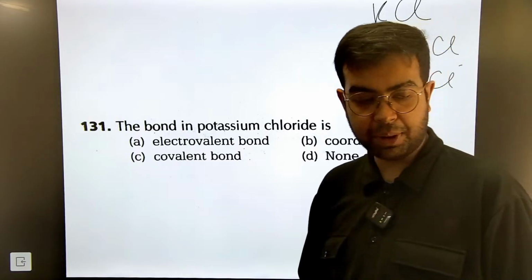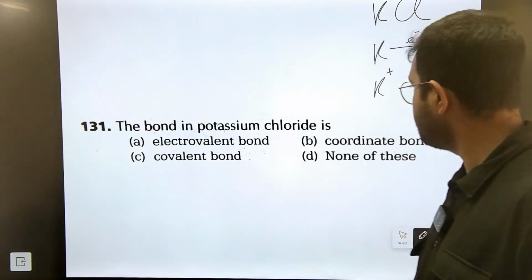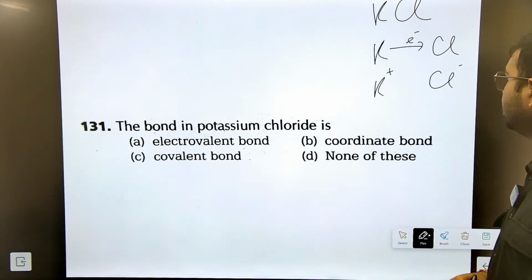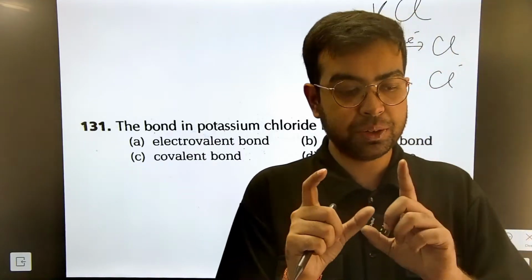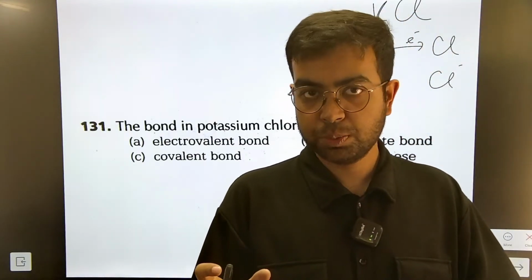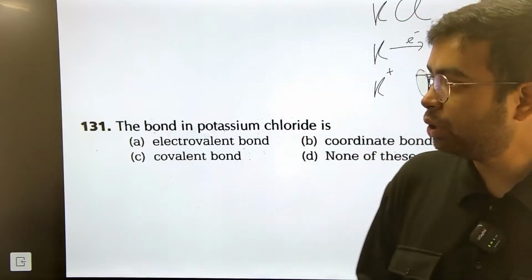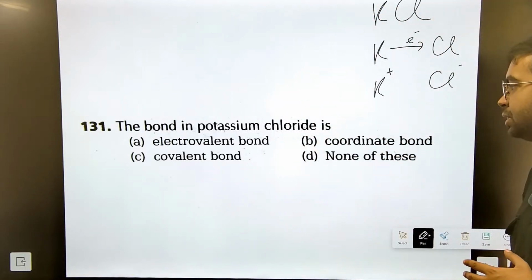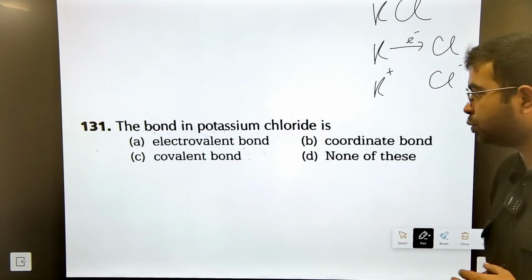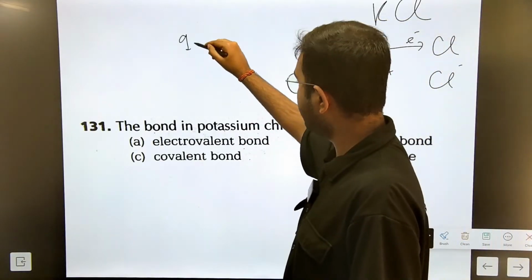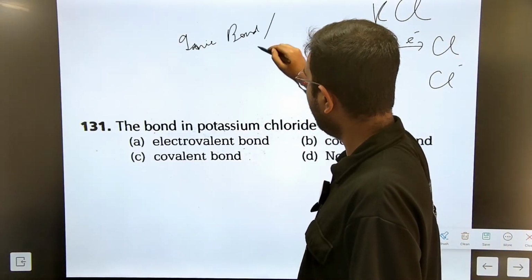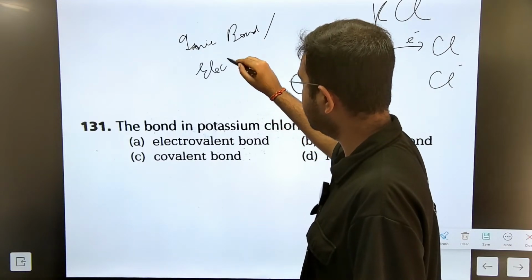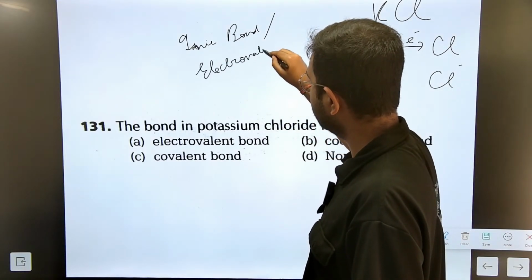Am I clear, everyone? ठीक है. Now, यहाँ हो क्या रहा है? देखो, there is a proper opposite polar charge that is being formed here in potassium and chlorine. So in this kind of cases, the bond which is formed is known as an ionic bond or something known as an electrovalent bond.